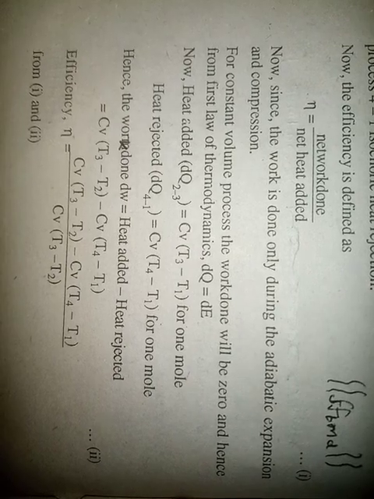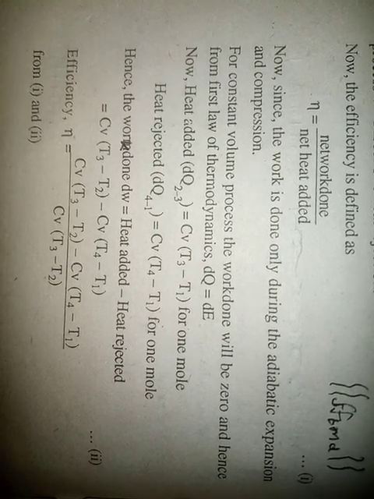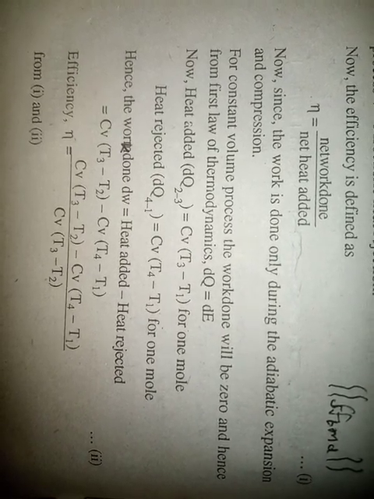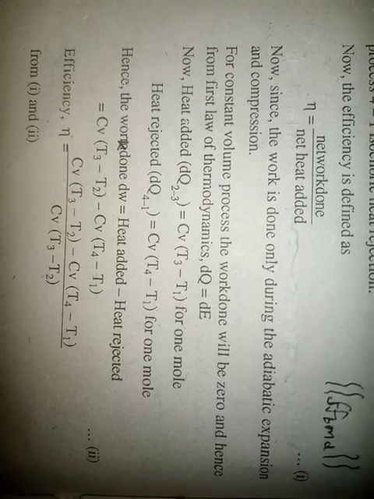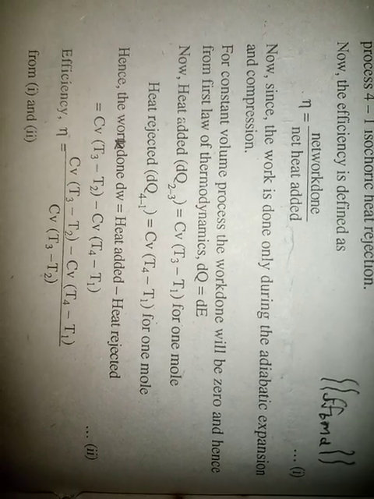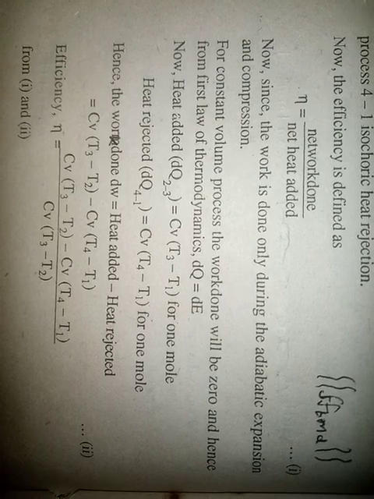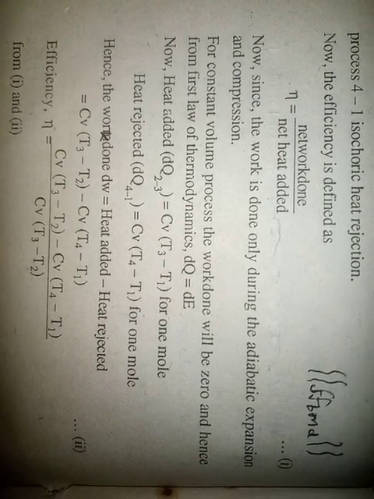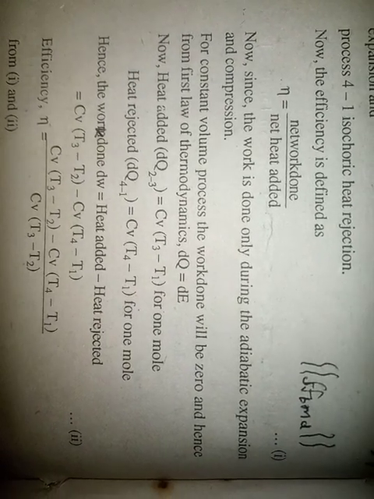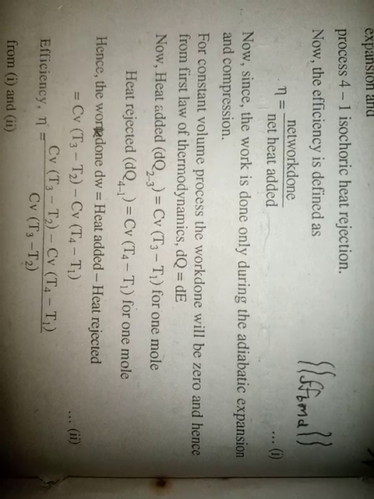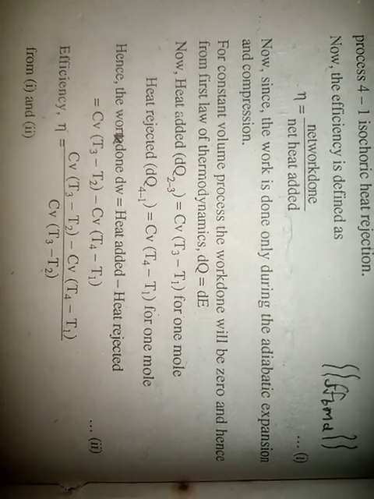Hence, heat added during process 2 to 3, dQ23 equals Cv (T3 minus T2) for 1 mole. Similarly, heat rejected in process 4 to 1, dQ41 equals Cv (T4 minus T1) for 1 mole.